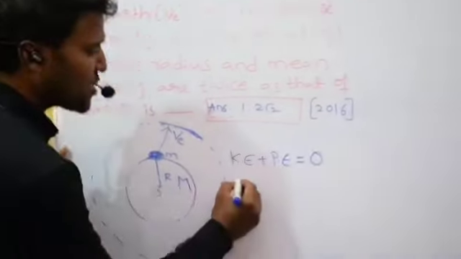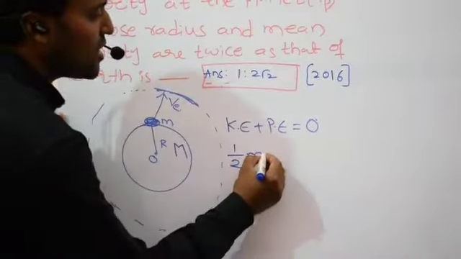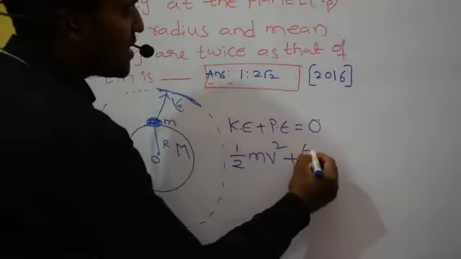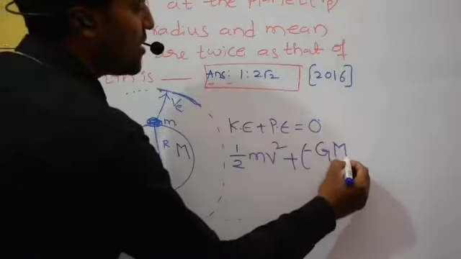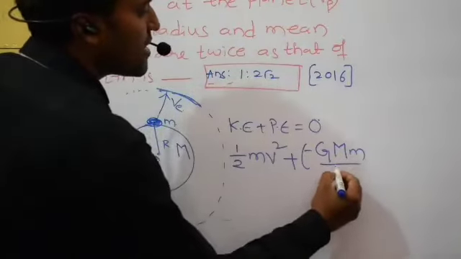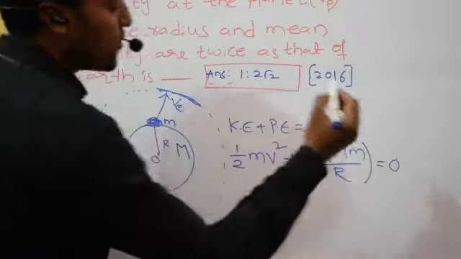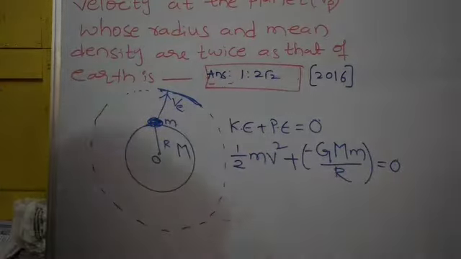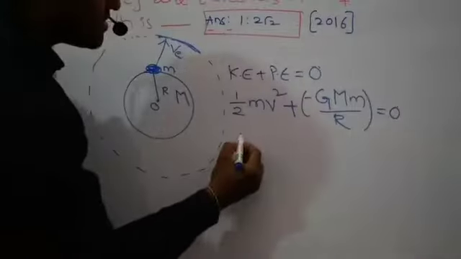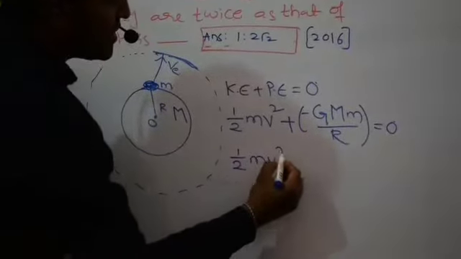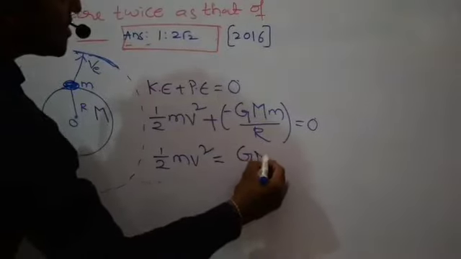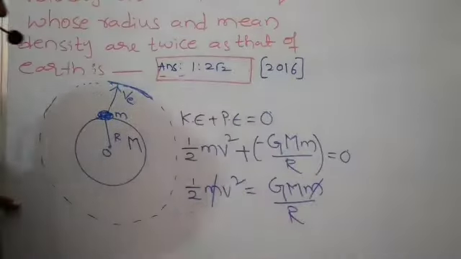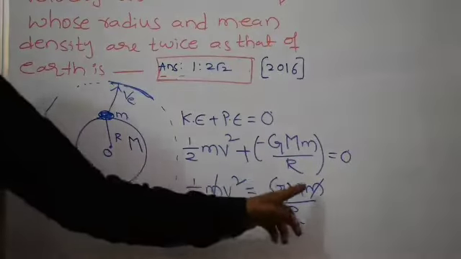What is the kinetic energy equation? Half m v square. The potential energy equation we know very well: minus capital G capital M small m divided by r. So half m v square plus minus G M m by r is equal to 0. Taking the potential energy to the other side, half m v square is equal to G M m divided by r. Here small m gets cancelled. What is small m? The mass of the object.